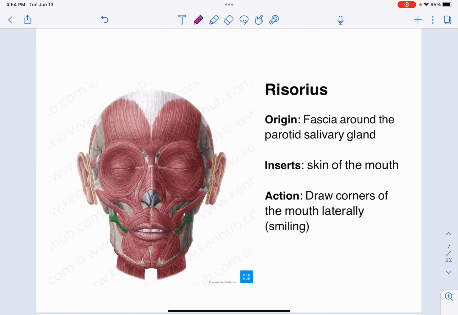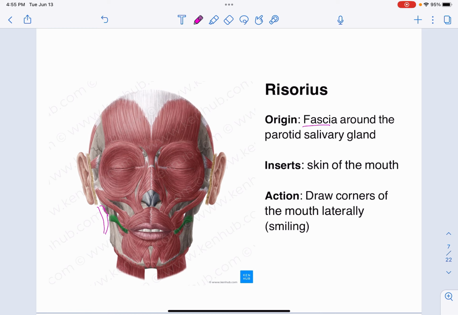Risorius is the next muscle. So it actually doesn't originate on skin or on a bone. It originates in the fascia around the parotid salivary glands. So the salivary glands sit kind of right below the ears. So there's a salivary gland that sits right by the ears and kind of the side of the cheek.